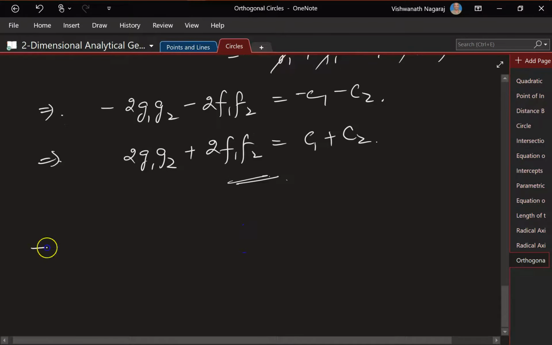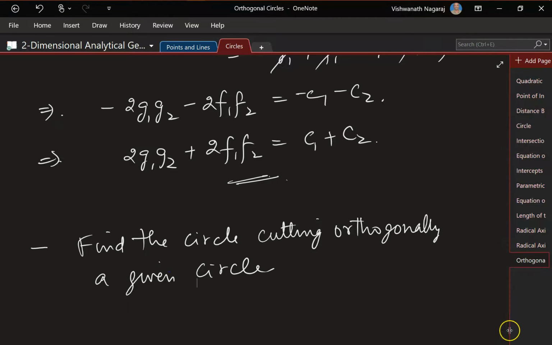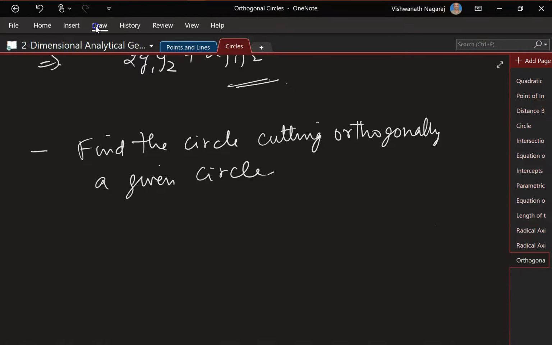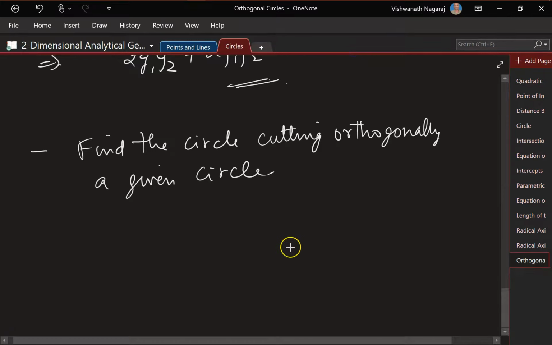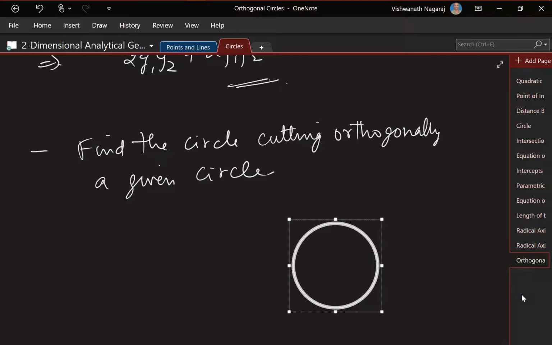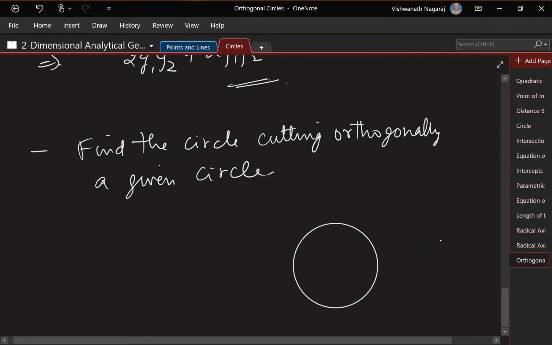Now let's see how to find the circle cutting orthogonally a given circle. Here a circle has already been given to us. Now what we have to do is find the circle which cuts this circle orthogonally. Let's say this is the center and this is the radius.